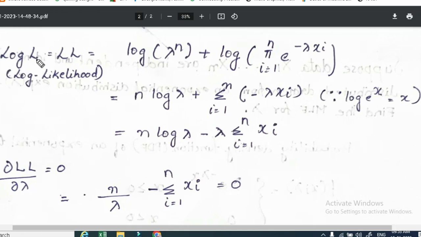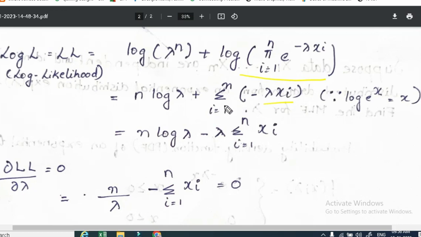Now log L, or we can represent it as LL, the log likelihood. We apply log and get log of lambda raised to n, plus log of the product from i equals 1 to n of e raised to minus lambda xi. Now if you take the log, you will get n log lambda. What about this term? You already know that log e raised to x is x, so you can try this out.